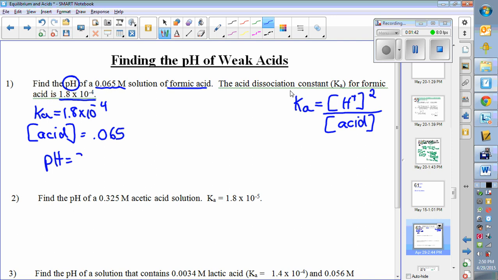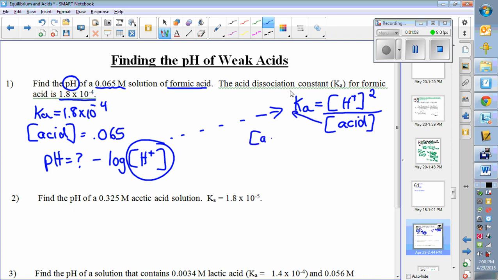To get the pH, we need the negative log of the hydrogen ion concentration. So how will we get the hydrogen ion concentration? We'll rearrange that formula: concentration of acid times Ka will give the H+ squared.